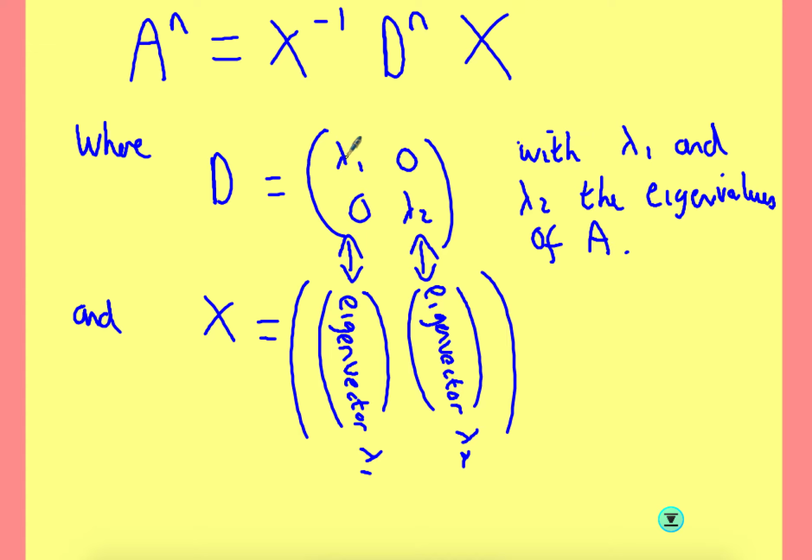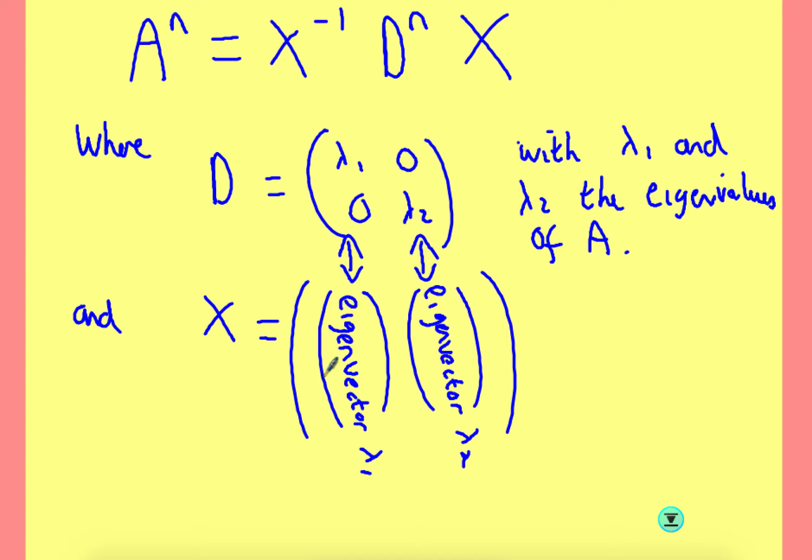Now, the diagonal matrix is made up of the eigenvalues of matrix A. And X is made up as a matrix of eigenvectors of matrix A. Now, what you need to do is make sure that your eigenvectors and your eigenvalues line up, just like this.